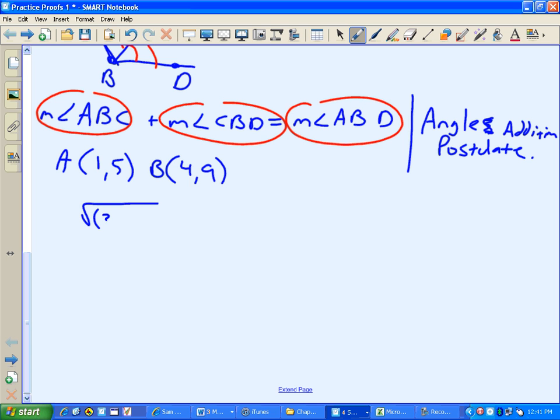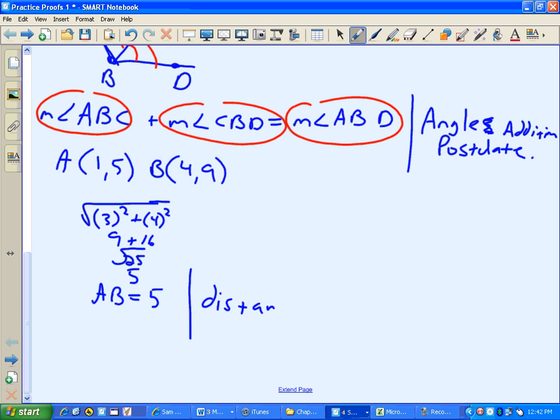I do 4 minus 1, which is 3 squared, plus 9 minus 5, which is 4 squared. I get 9 plus 16, which is 25. The square root of that is 5. And I could say AB equals 5. Reason, distance formula.